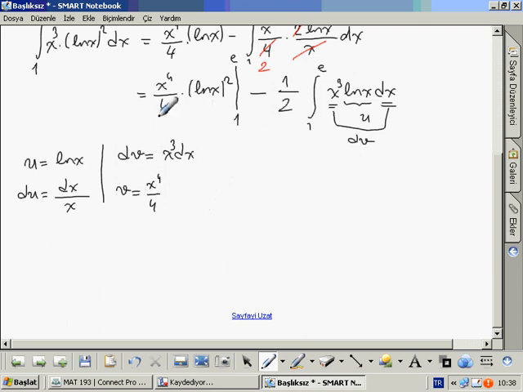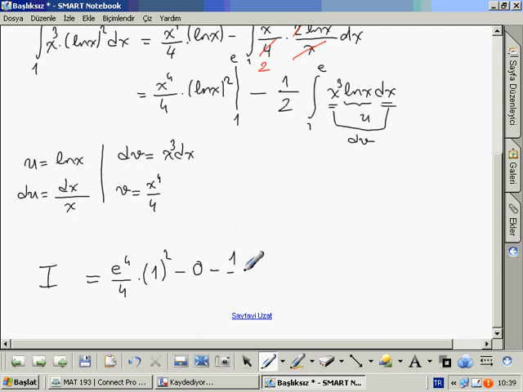So the first part, for this part again, e to the 4 over 4 times ln e, which will be 1 square, and minus the other part will be 0 because ln 1 equals 0.